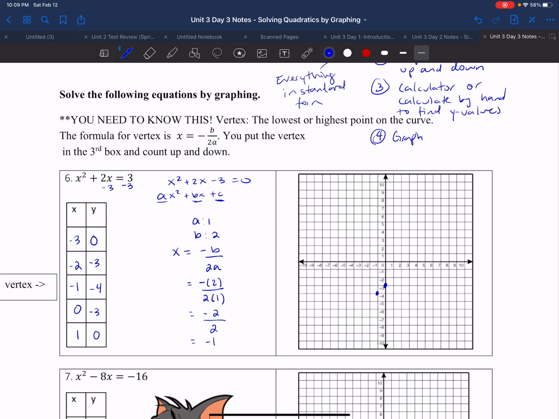And then 1 comma 0 is right here. And then negative 2 comma negative 3 right there. And then lastly, I am left with negative 3 comma 0, which is right there.